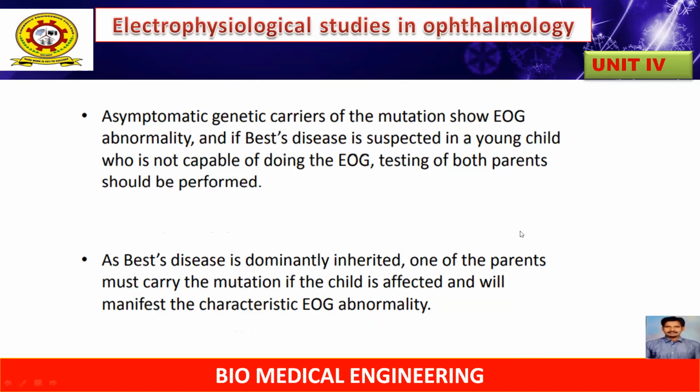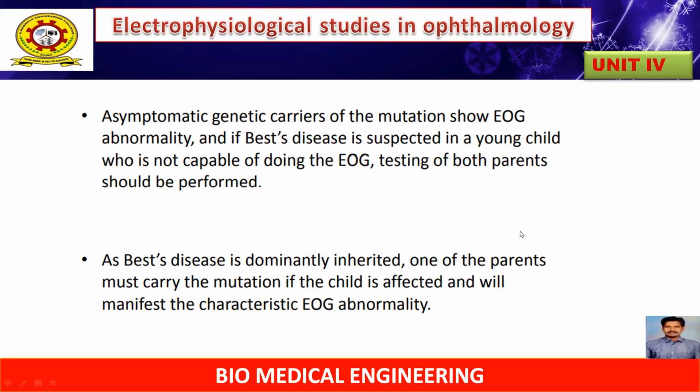Similarly, asymptomatic genetic carriers of the mutation show this EOG abnormality. If Best disease is suspected in a young child who is not capable of doing EOG, the test of both parents should be performed.